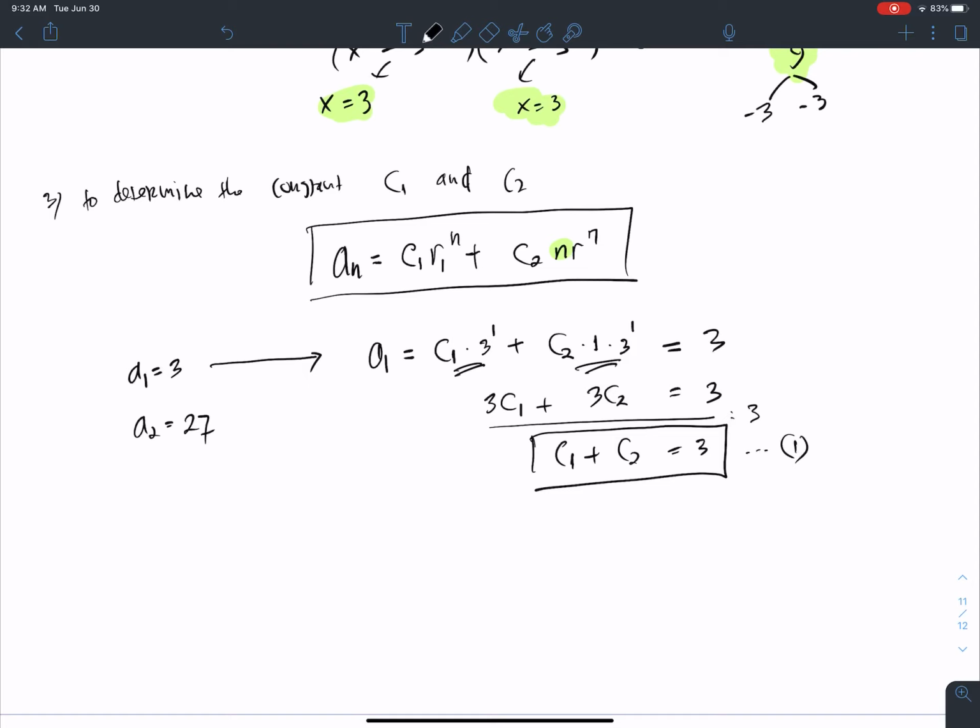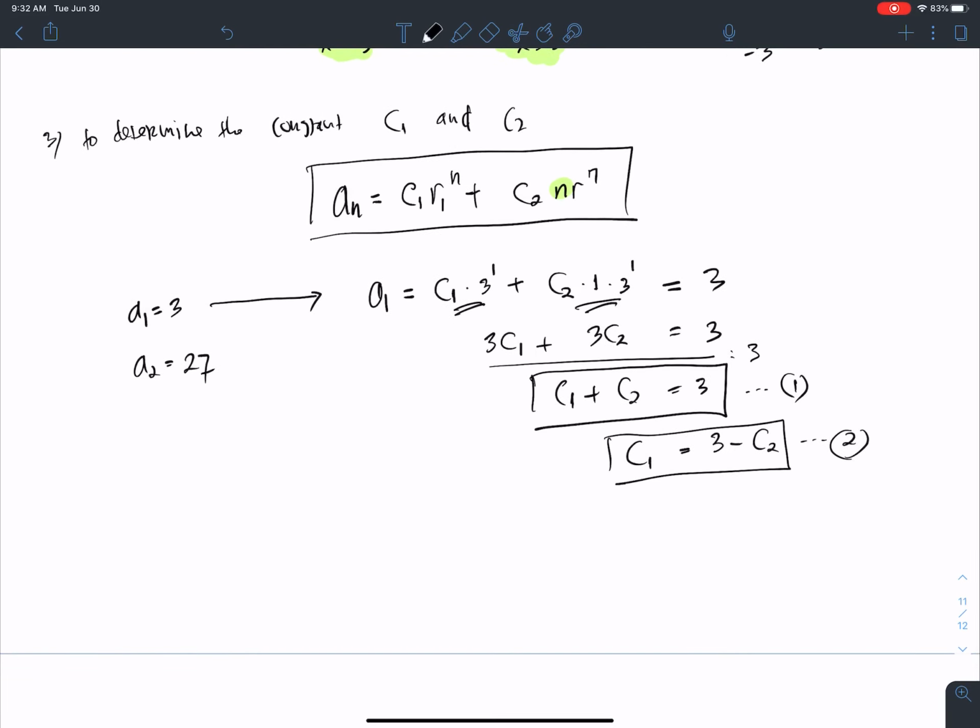So from this we can get c1 will be 3 minus c2. Okay, so next, using A2 = 27, I'll just bring it here.